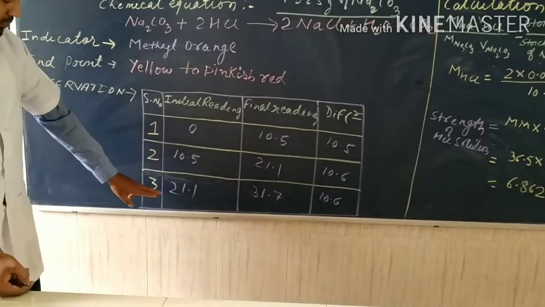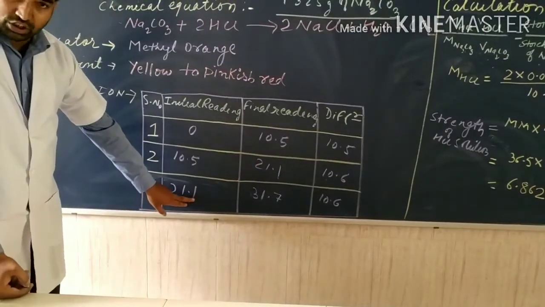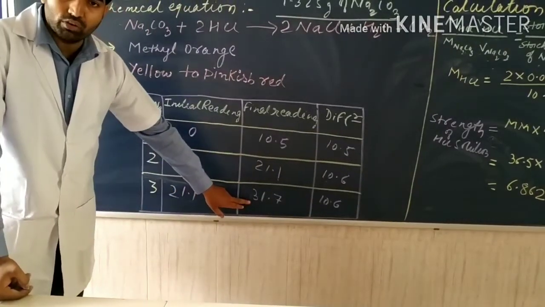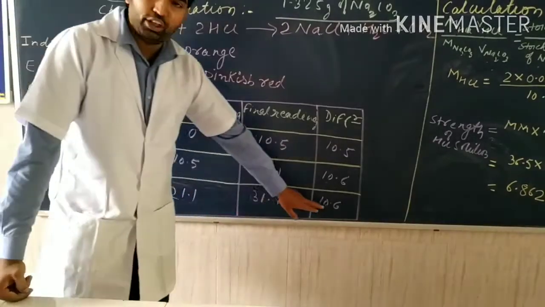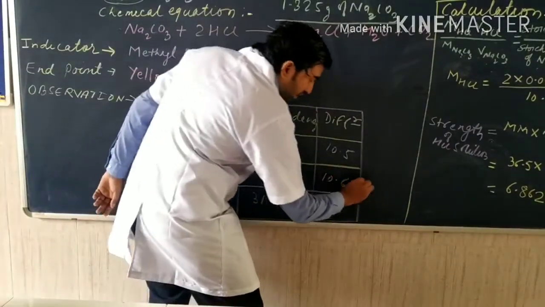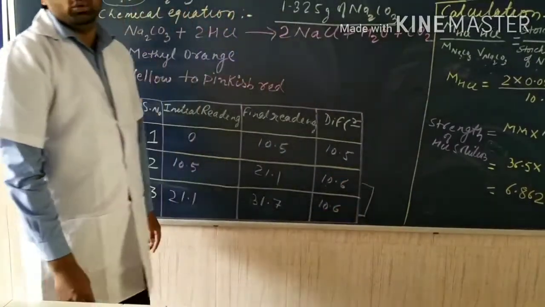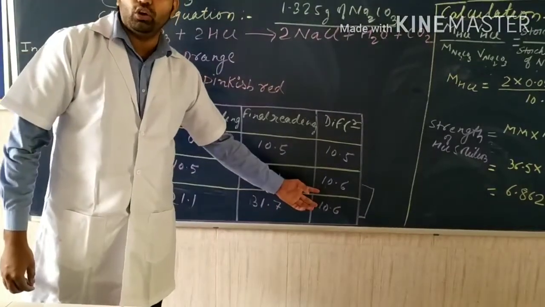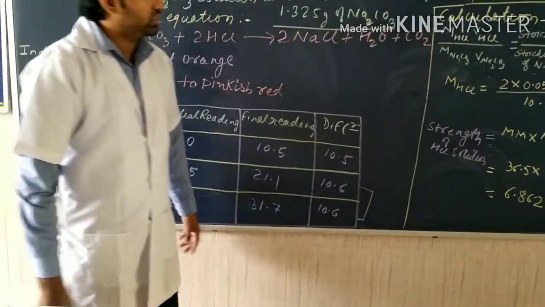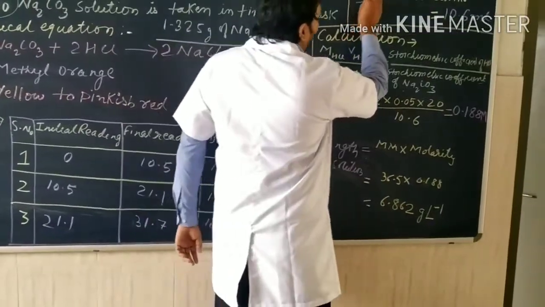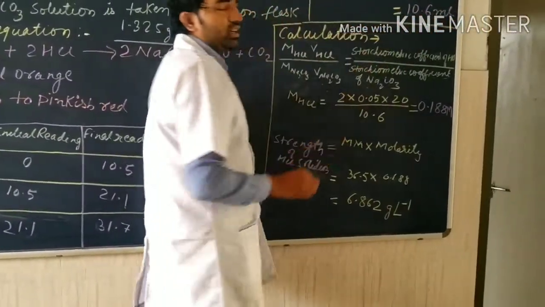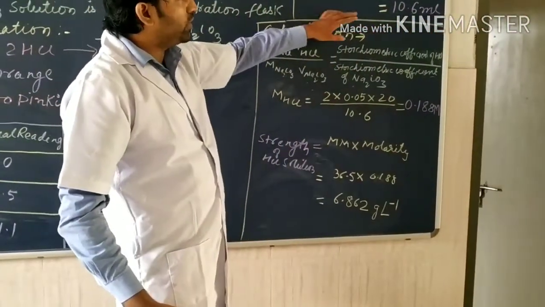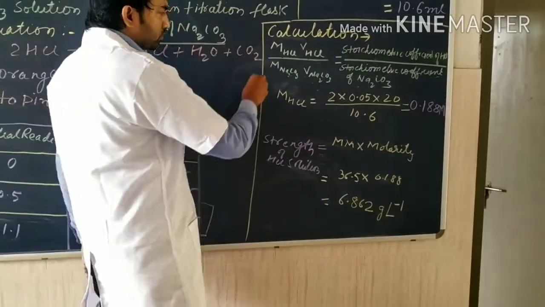For the third experiment it is 21.1 initially and finally 31.7. The difference is 10.6. So this is the concordant volume which we use in the calculation. The concordant volume is 10.6 ml.